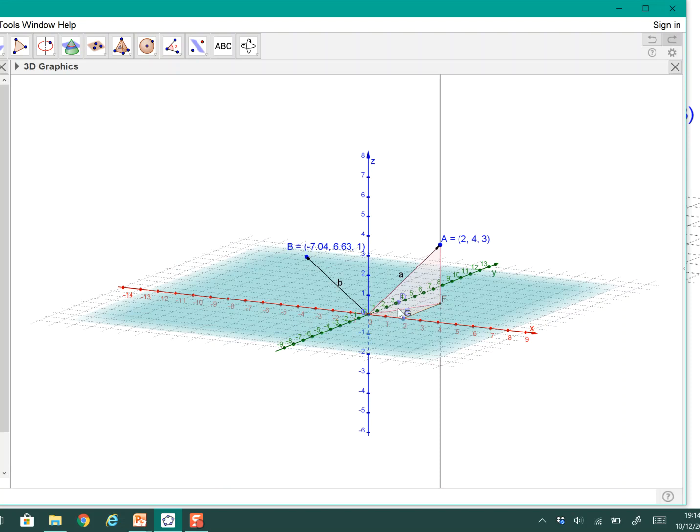That means that this length squared is 2 squared plus 3 squared, and then I add the square of that length, and that will give me the square of this length. So you can see from this diagram that if I add the squares of each of the 3 components, then I will get the square of that length there.